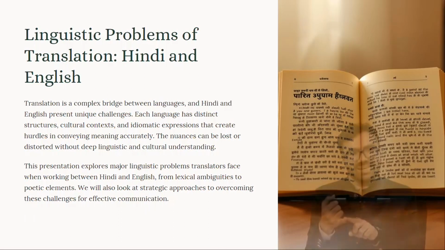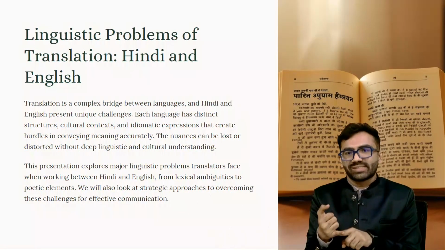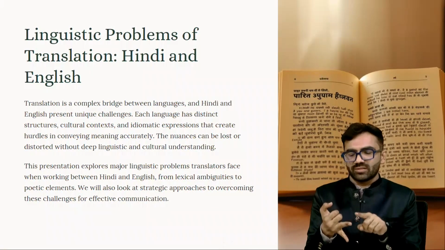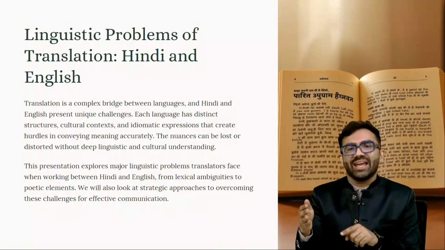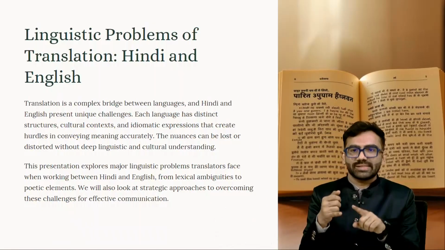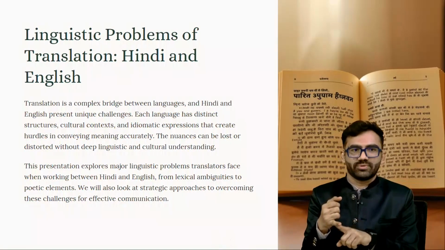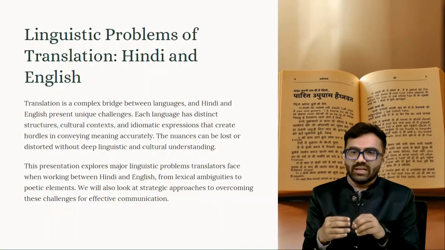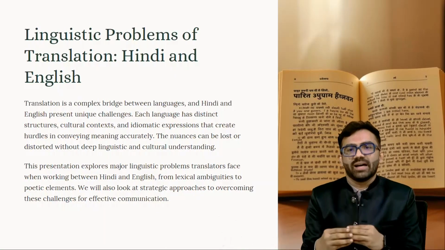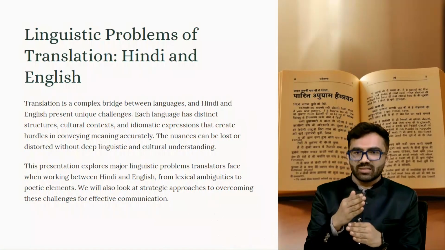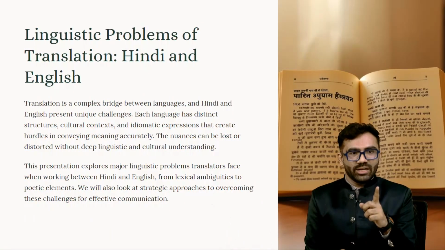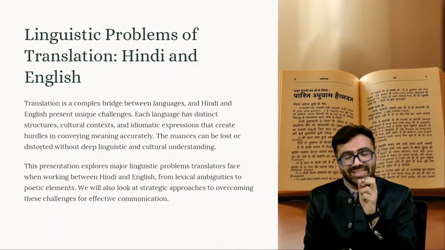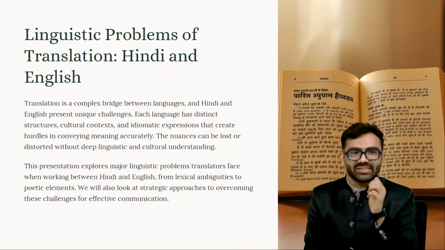For example, SVO is used in English: subject, verb and object. I teach English. Subject, verb, object. When we talk about Hindi, मैं हिंदी पढ़ाता हूँ. Subject, object, verb. So Hindi and English present unique challenges. Each language has distinct structures.